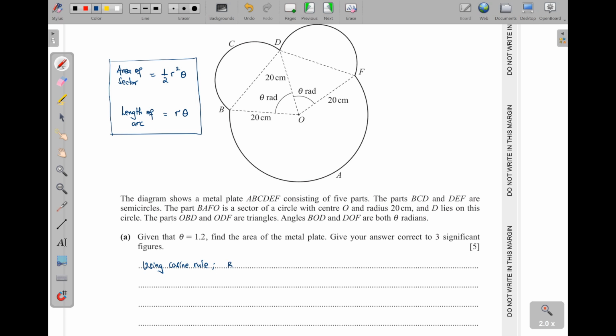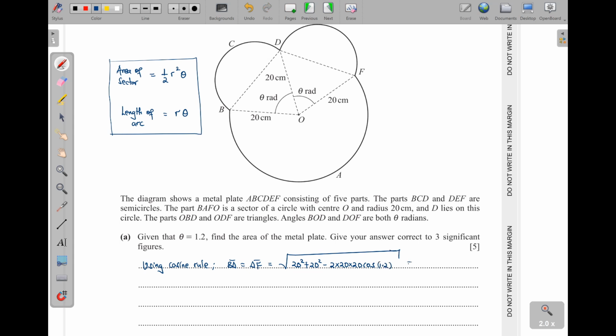I will have BD, which is actually equal to DF. That will be the square root of this one squared plus this one squared, 20 squared plus 20 squared, then minus 2 times 20 times 20, then cosine of the angle which is opposite to this side, which is the theta here, and that is 1.2.